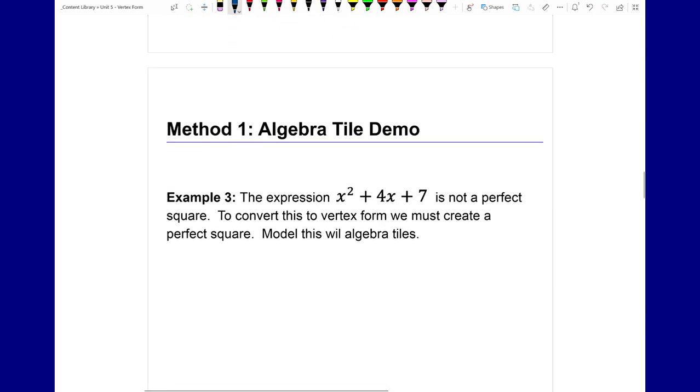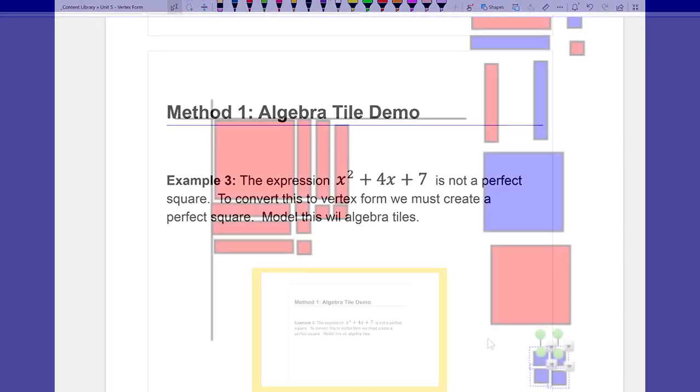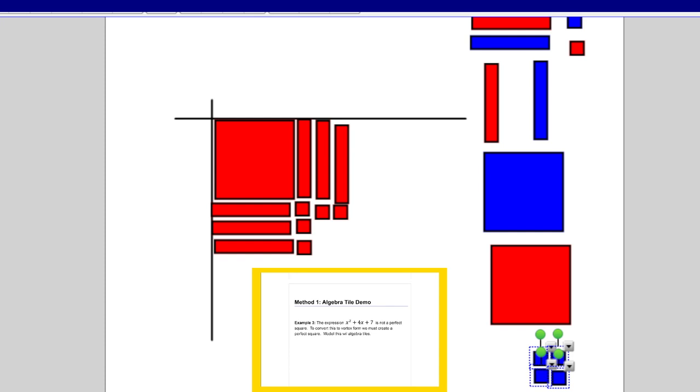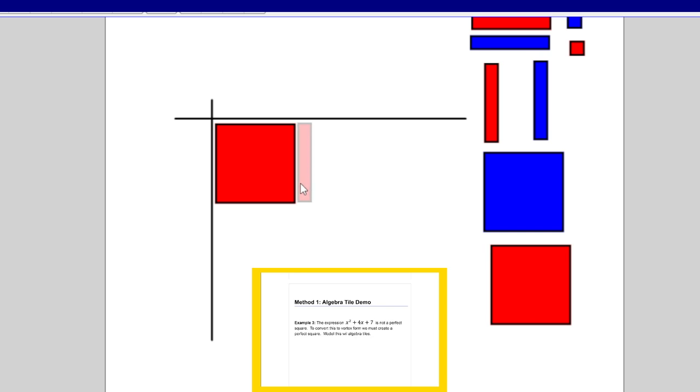So let's look at another example where, again, it's not going to be a perfect square. But let's go through and use the algebra tiles to see what we can come up with. So I'm going to remove all of the ones that I used. So I'm going to bring out my x squared again. I'm going to have 4 x's. So kind of in the pattern we're going with, I'm going to have 4 x's.